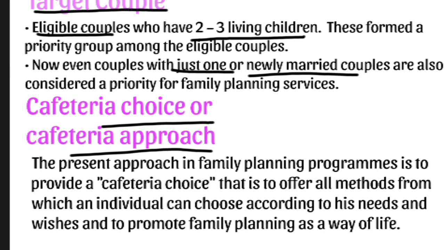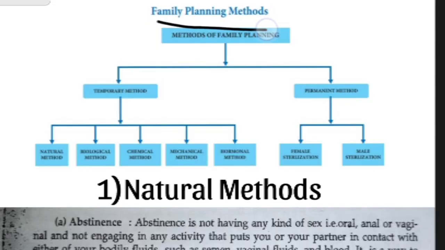No, you have to provide all the choices, like biological method, hormonal method, mechanical method. Even not just temporary, permanent methods that are available, we have to provide the choices for them. In which method they are comfortable, they have to choose their own method. You can't implement your own. That is cafeteria choice.